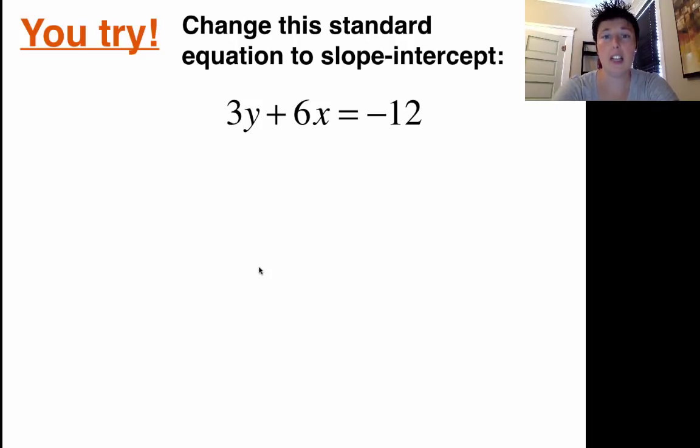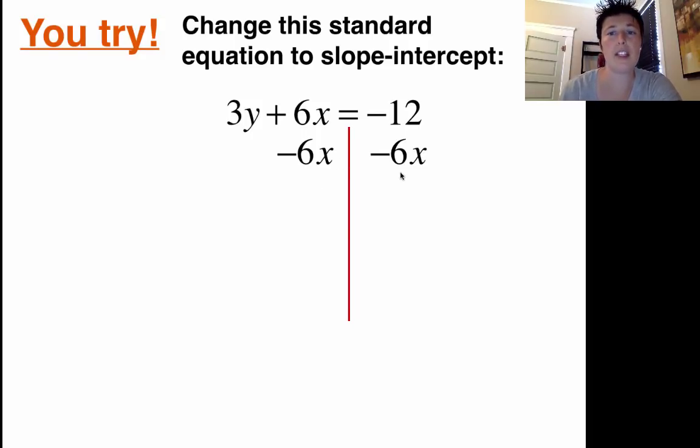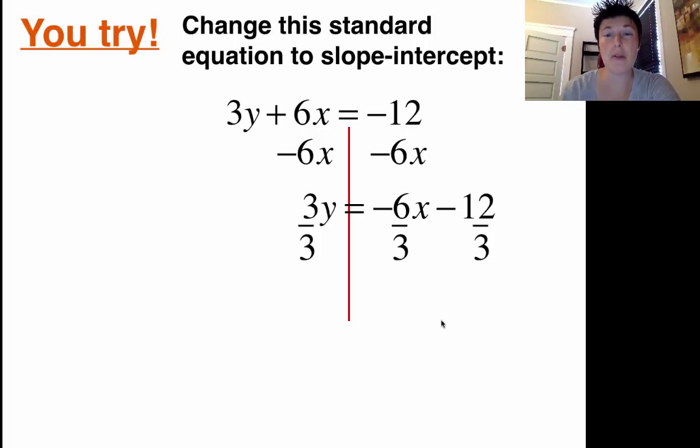Okay, so you are unpausing the video and you're ready to check your answer. You've put a line down the middle, I hope, and you've gotten y all by itself. So take that 6x away to the other side, make it 3y equals -6x minus 12, and then divide that 3 away from everything. And the 6 divided by 3 will give you a -2x, and the 12 divided by 3 will give you a -4.